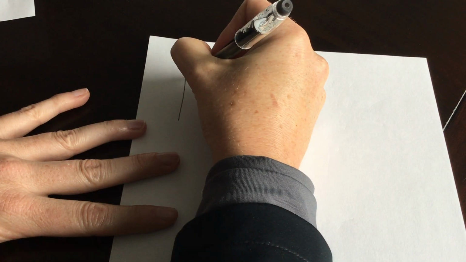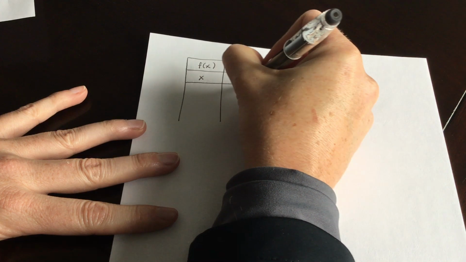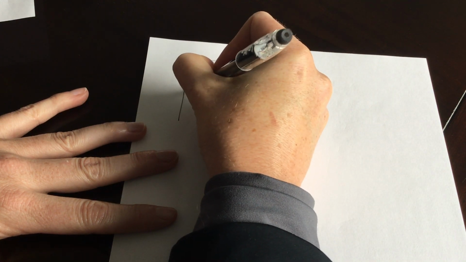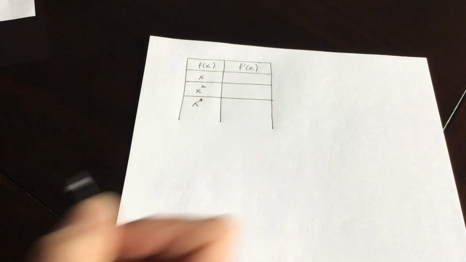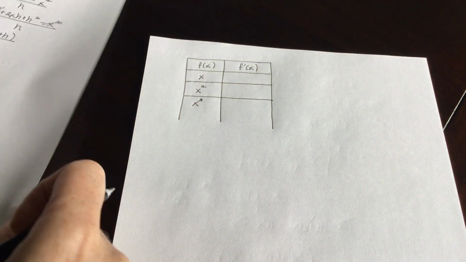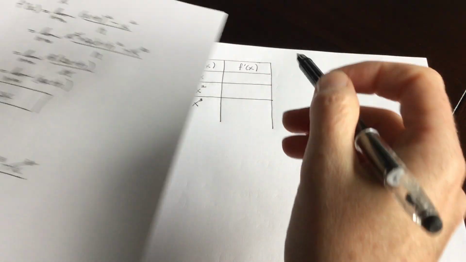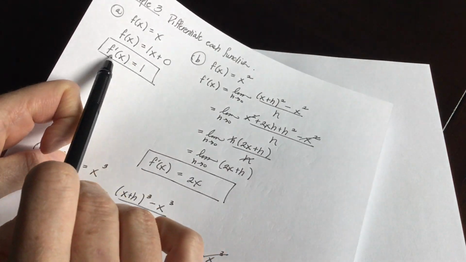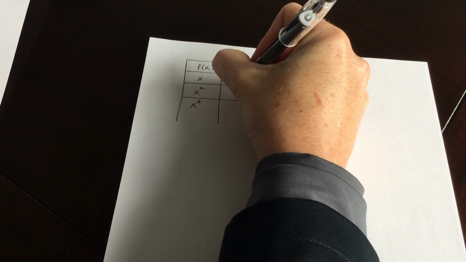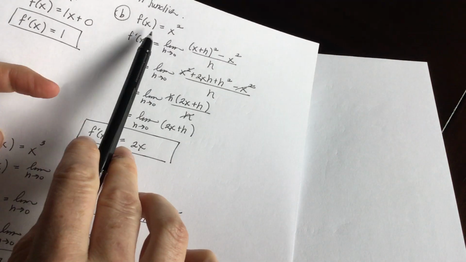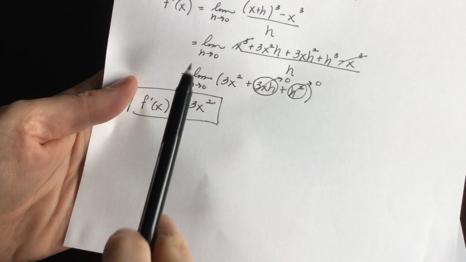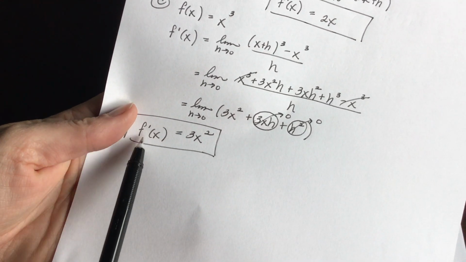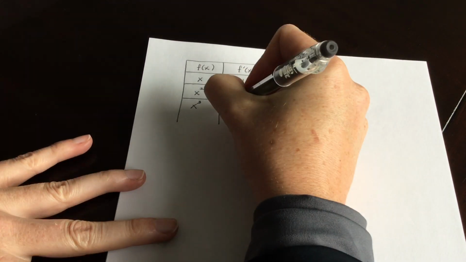So for part A, f of x was x. For part B, f of x was x squared. And for part C, f of x was x cubed. So if you collect our answers, when f of x was x, f prime of x was 1. When f of x was x squared, f prime of x was 2x. When f of x was x cubed, f prime of x was 3x squared.